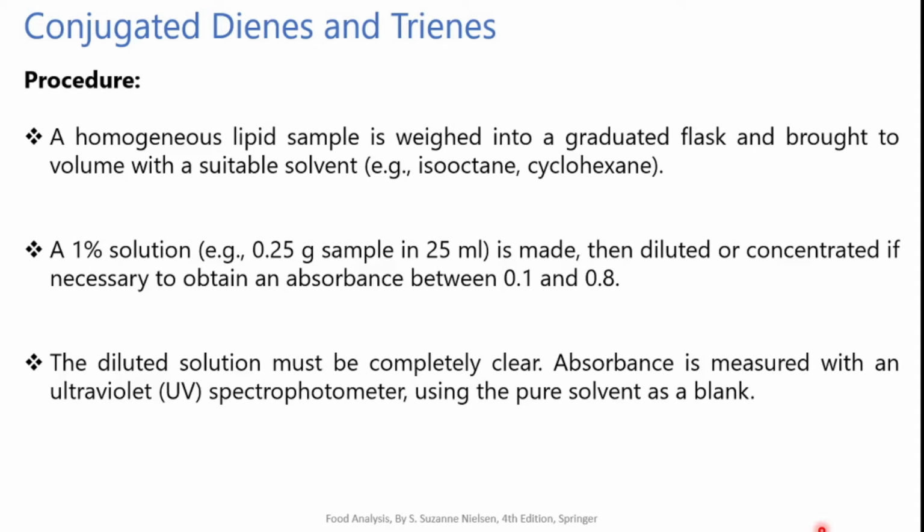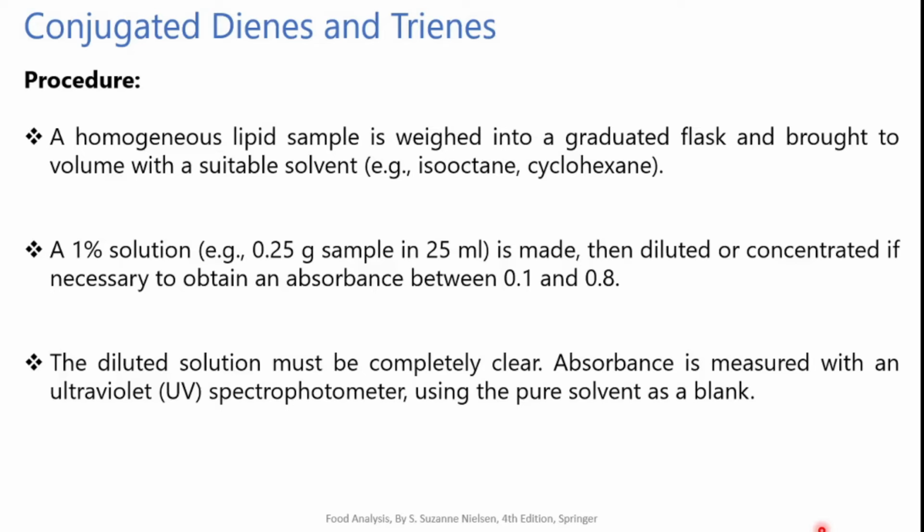First of all, we take a homogeneous sample, which should be weighed, taken into a graduated flask and brought to volume with a suitable solvent. For example, here we have used isooctane or cyclohexane, non-polar solvents. This is because lipids are highly non-polar in nature, so they are generally soluble in such solvents.